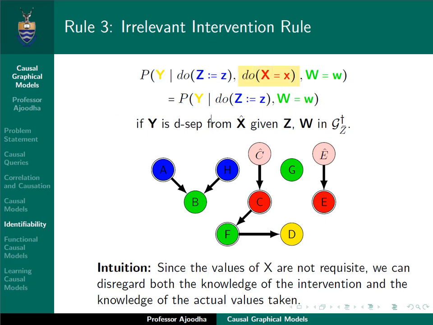So what did I want to tell you about this one? You can do this if Y is d-separated from X hat. Where's X hat? Here it is, these red ones, given Z, which is the blue nodes, and W, which is the green nodes. That's when you can use this one, and you can remove both the intervention and the value of X from the query.